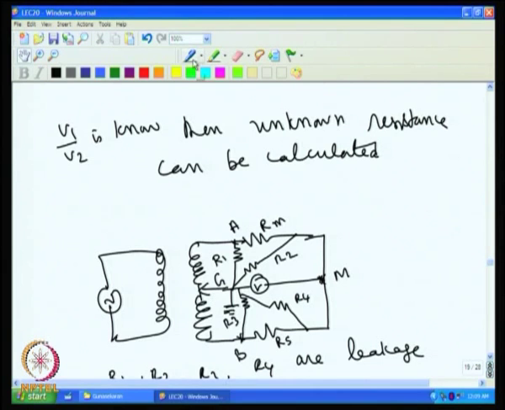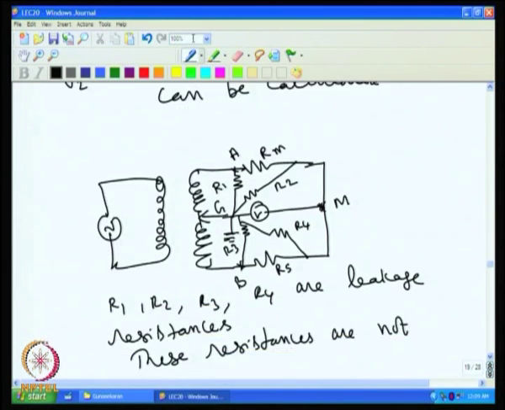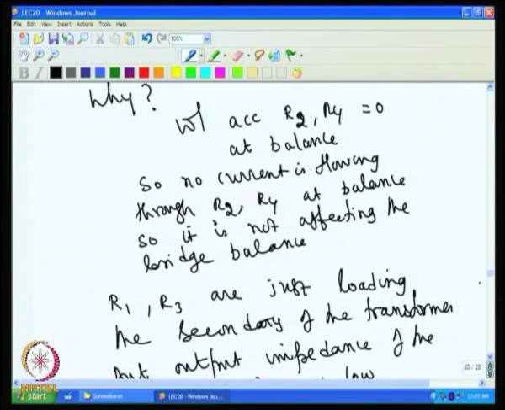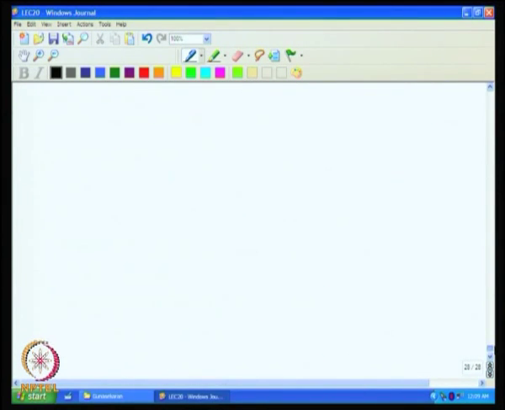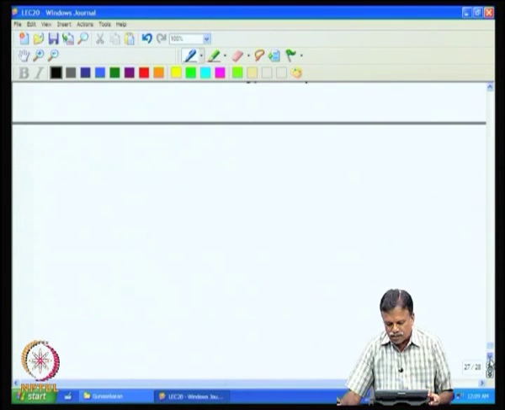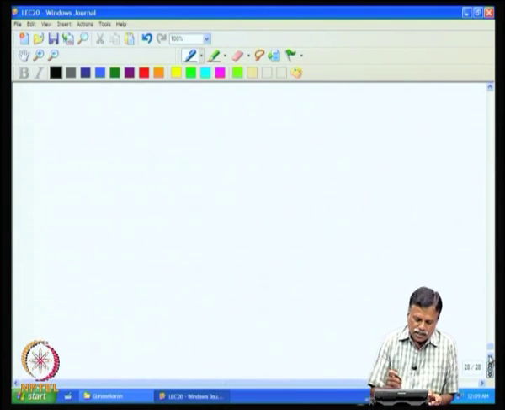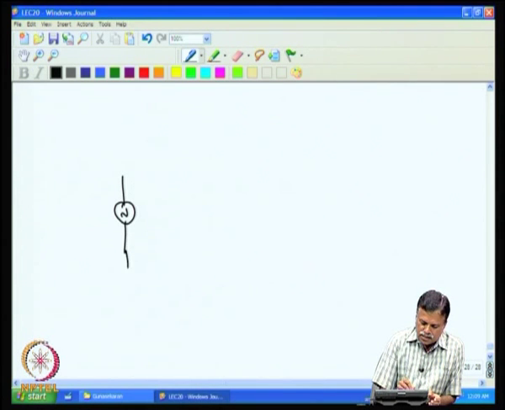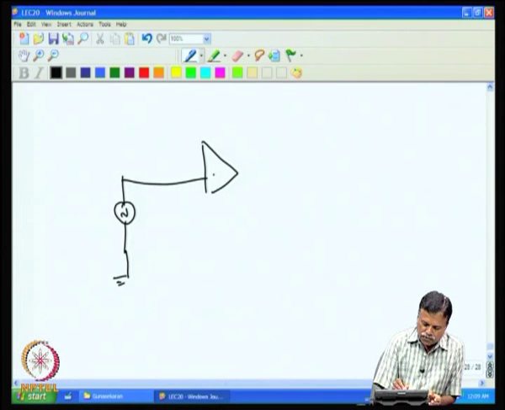For example, I can show you how to make this measurement using an operational amplifier. The same bridge can be obtained, but there is no need for balancing. We can have an AC voltage source from an oscillator. This voltage can be applied to an op-amp as a follower.